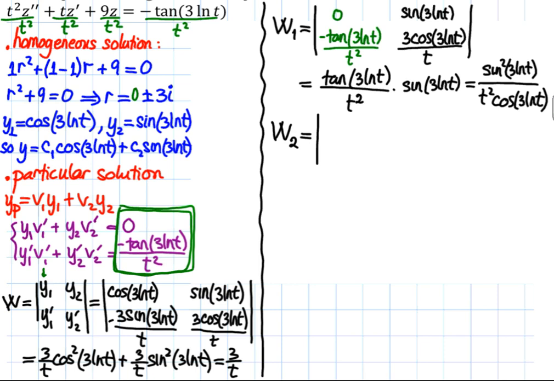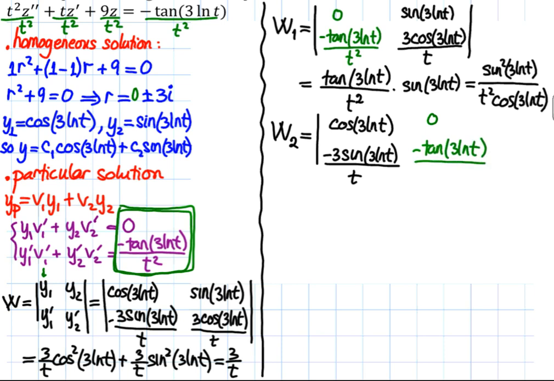So y1 and y1 prime are still the same: cosine of 3 ln t, and negative 3 sine of 3 ln t over t. And then the right column, 0, negative tangent of 3 ln t over t squared.